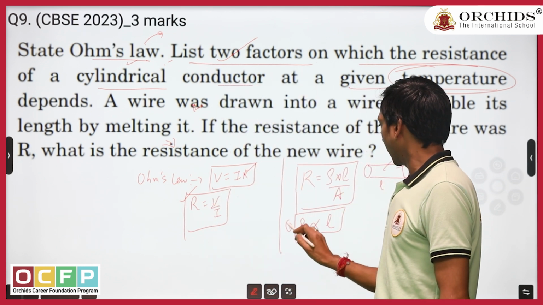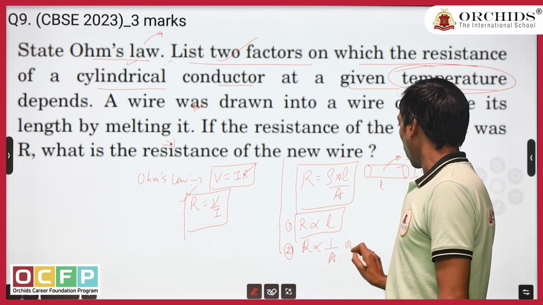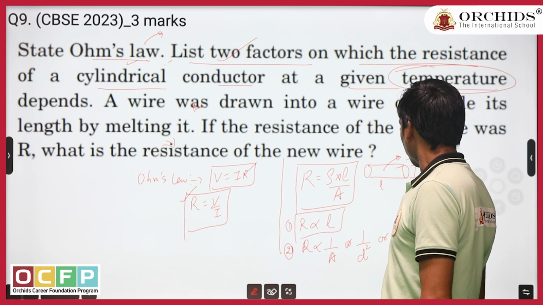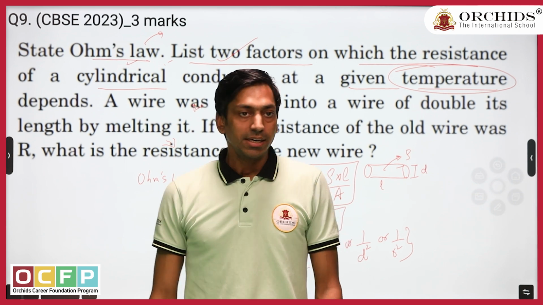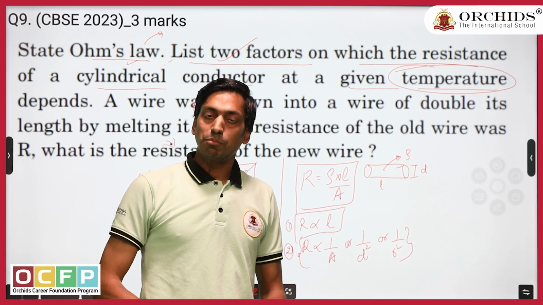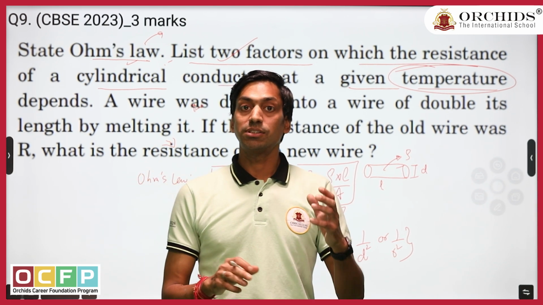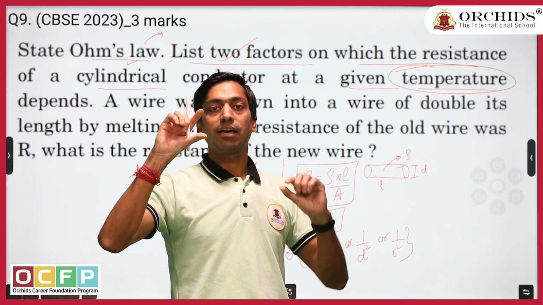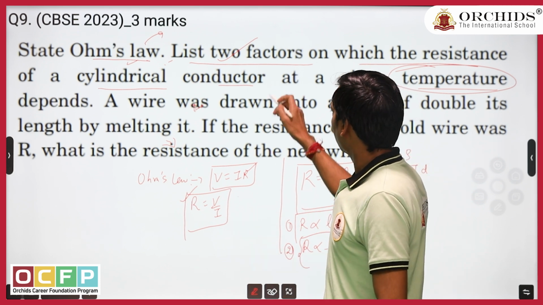And the second point, it is inversely proportional to cross-sectional area, or inversely proportional to diameter square, or radius square. All are the same things, right? More the cross-sectional area, less the resistance. Less cross-sectional area, more the resistance. In other words, thin the wire, more the resistance. Thick the wire, less the resistance. So these are the two factors on which resistance of the conductor depends.